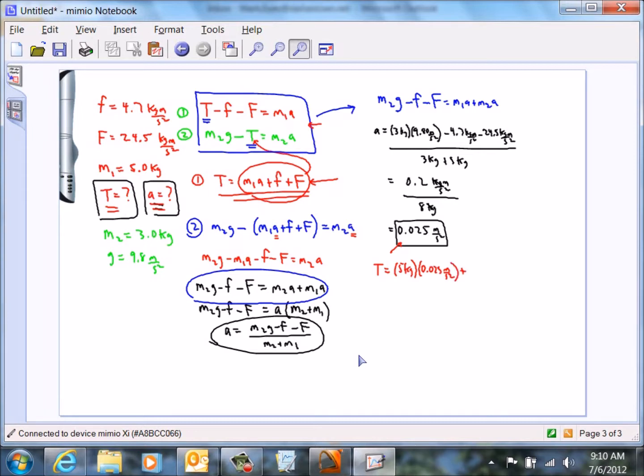Little f was 4.7 kilogram meters per second squared. Plus big F. Big F was 24.5 kilogram meters per second squared. And if I do the math there, 5 times 0.025 plus 4.7 plus 24.5, I'm left with T is 29.3. The units are kilogram meters per second squared. And now I'm finished. I have my 2 solutions.